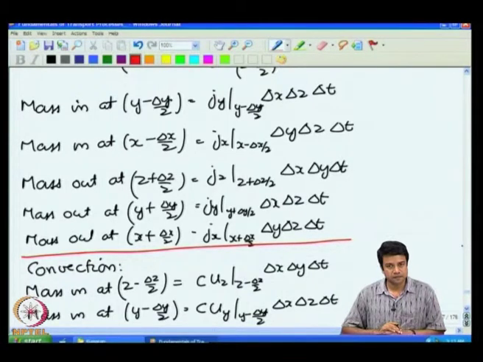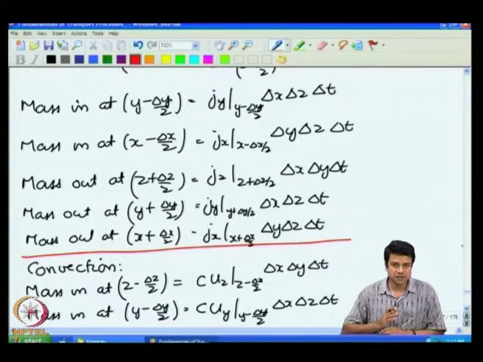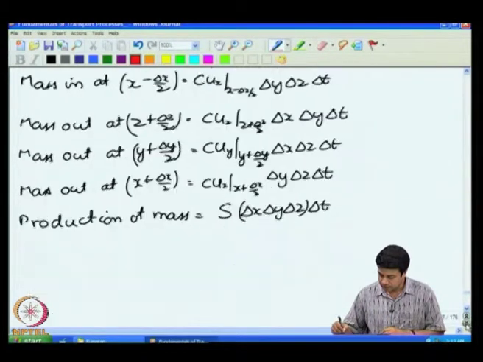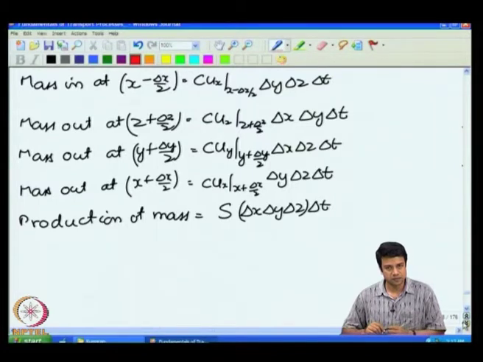The flux due to convection is the concentration times the velocity. Therefore, the total mass in is going to be concentration times velocity times the area and the time interval. And you have exactly analogous contributions due to convection. At surfaces at z minus delta z by 2, x minus delta x by 2 and y minus delta y by 2, there is mass coming in due to convection. And at the other surfaces at x plus delta x by 2, y plus delta y by 2 and z plus delta z by 2, there is mass leaving due to convection.